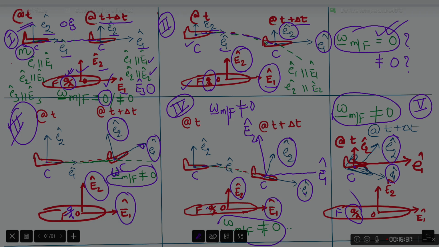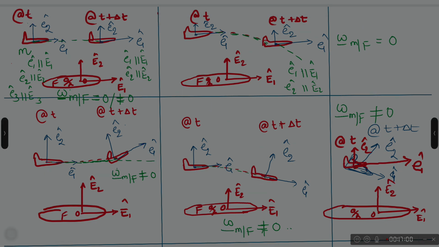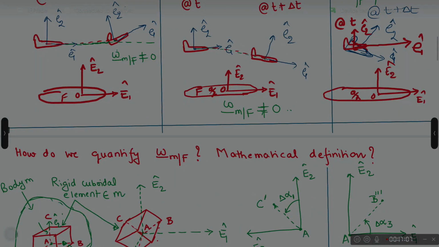So I hope with these different scenarios it is clear, at least qualitatively, how to judge whether omega mf is 0 or not equal to 0. Now we will move to the question of how we exactly quantify omega mf.